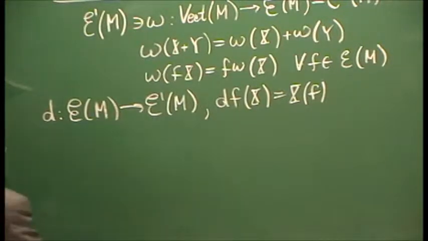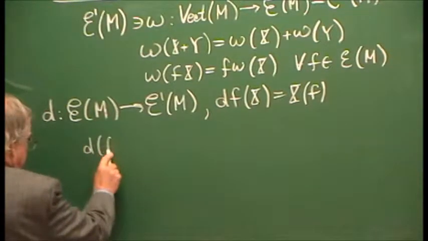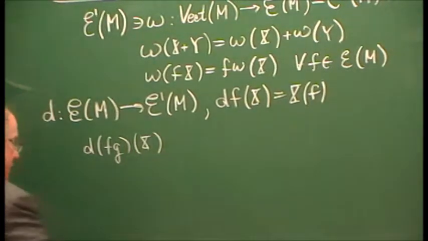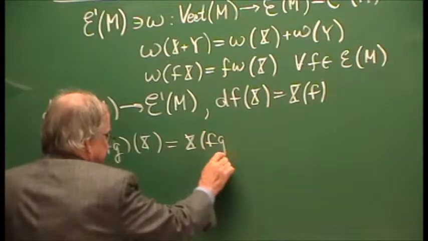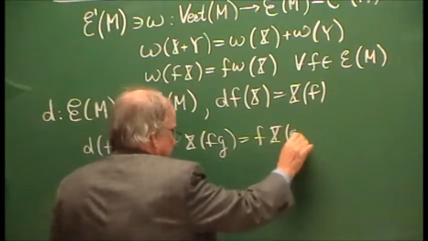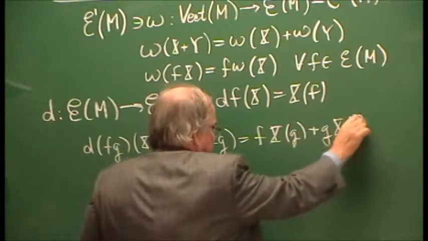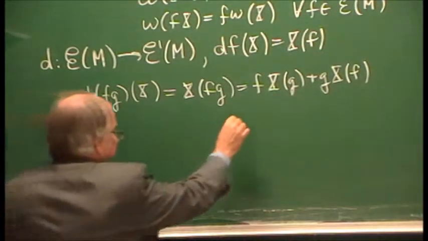Now, we discussed this, but I really like to re-emphasize this: d of a product, let's do the calculation here. You apply X to the product, but X is a derivation, so that's f times X applied to g, plus g times X applied to f. And if you do this out, what does that mean?